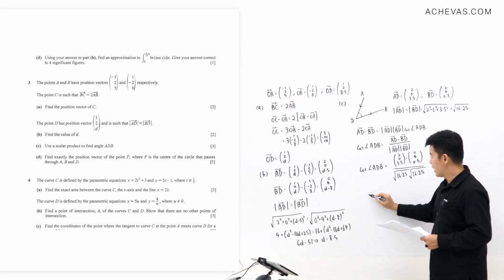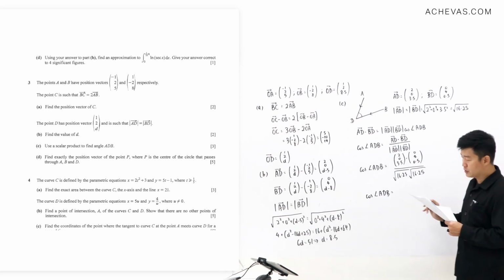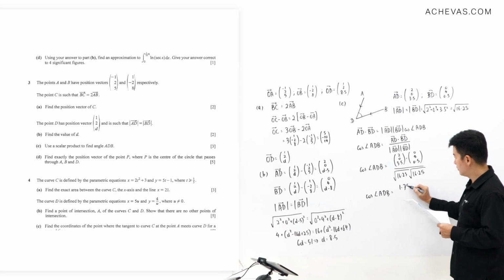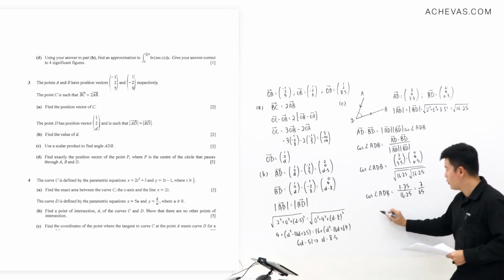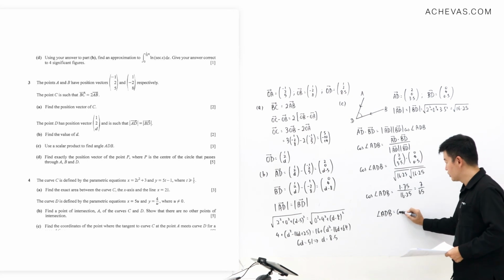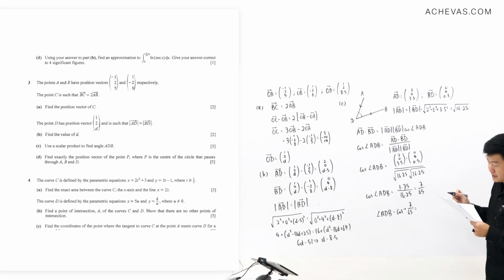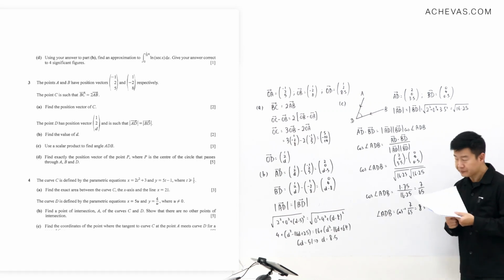Okay, so we have a cosine of this is equal to something over 16.25, which is equal to 7 over 65. So angle ADB is going to be equal to cosine inverse of 7 over 65. Pressing this into the calculator, this is 83.8 degrees. This is for part C.